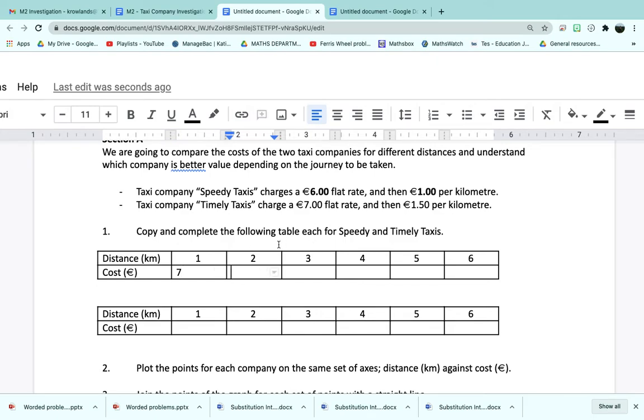For every kilometre you go up, the cost goes up in ones, because it's an additional euro per kilometre. This would also be very similar: you take the 7 and the 1.50, you add them together, 8.50, and then 1.50 for each additional kilometre.